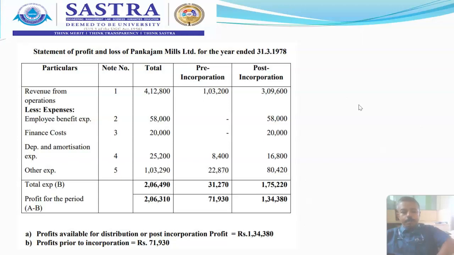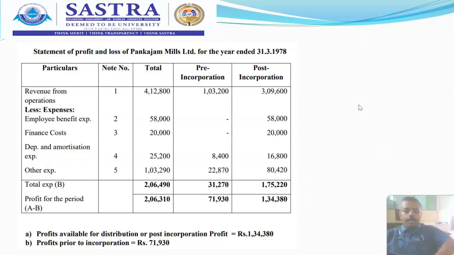So now we have found the profit available for distribution, which we call a revenue profit. That is question number 1. It refers to post-incorporation profit. So how much did we gain from the post-incorporation period? That is rupees 1,34,380.